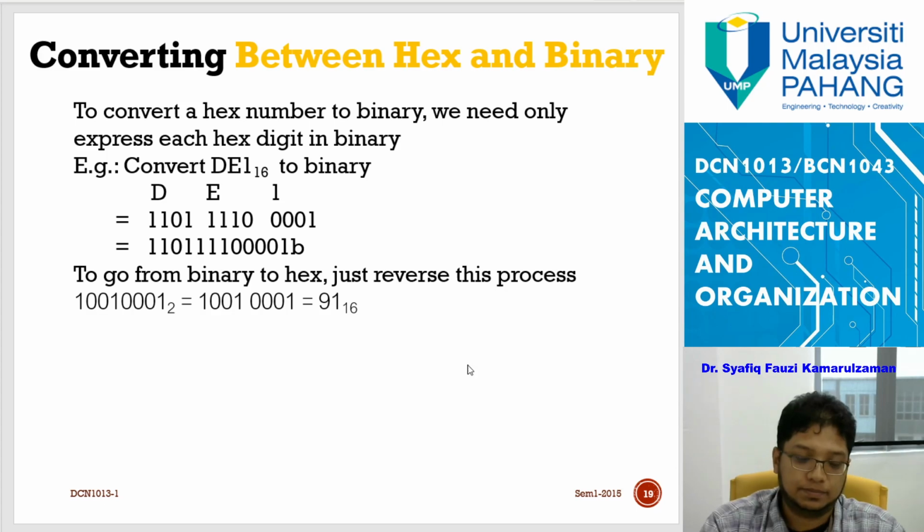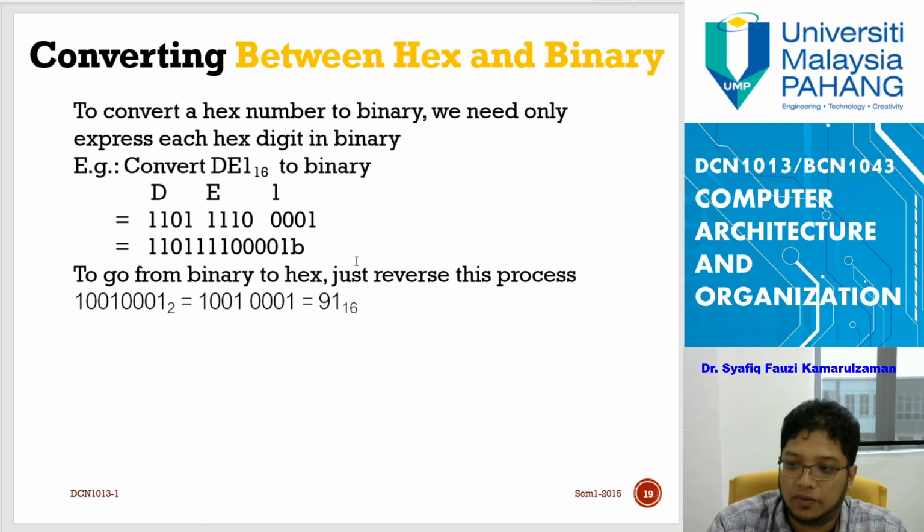So finally, how to convert between hexadecimal and binary. So this one is easy. If you have a hexadecimal, so you have D E 1, sorry. So D in hexadecimal you got 1101, E is 1110, and 1 is 0001.